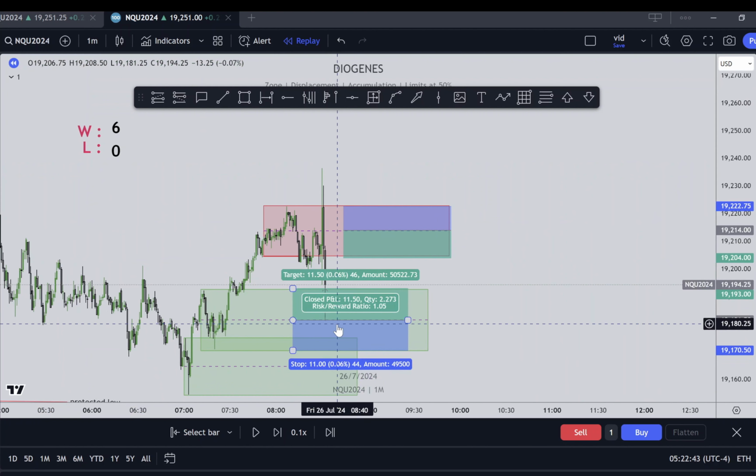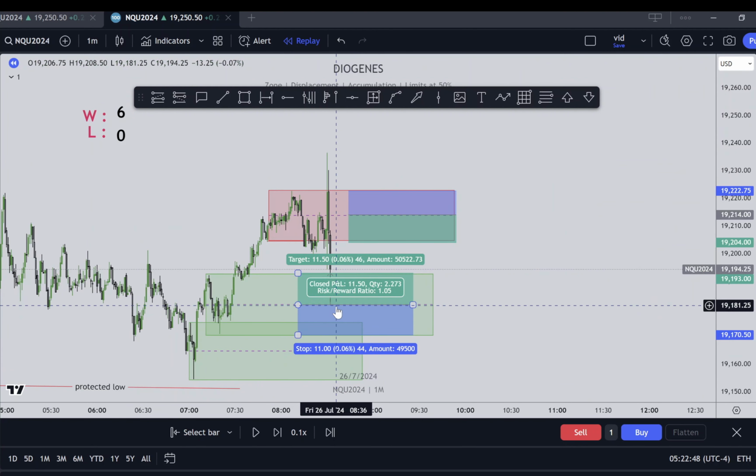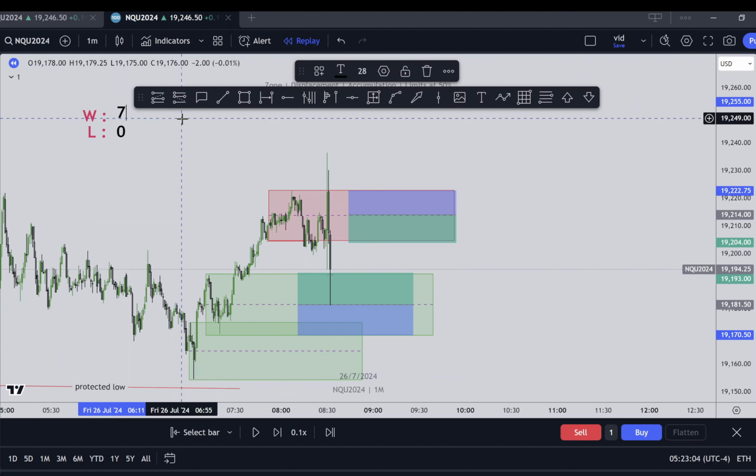Alright, they tagged us in the other trade and they gave us an instant one-to-one. See, when we have accumulation displacement above the zone, they will give us free and easy wins, right? Now, 7 wins. Okay.